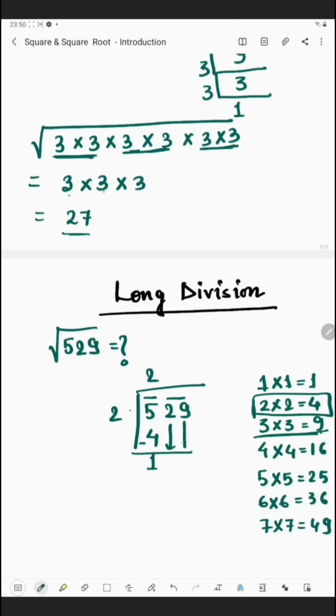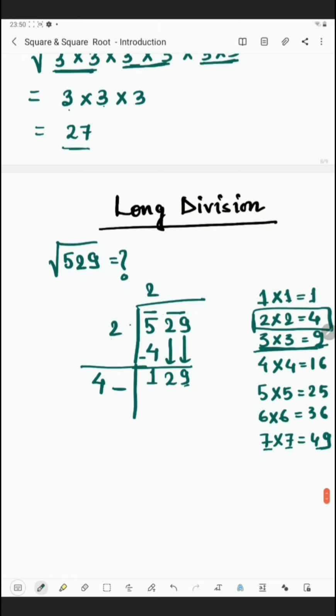Now these 2 and 9 are a pair, so these two will come down together. Now here 2 plus 2 is 4. Now what should we take here? See, here the last digit is 9, and if you see the table, if the last digit is 3 then its square ends in 9, or if the last digit is 7, then also we'll get 9. So at first we will take 3.